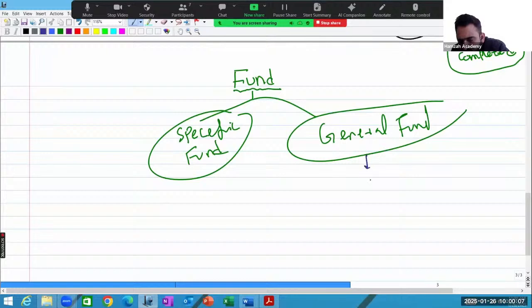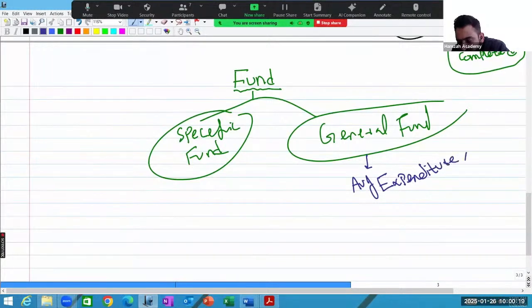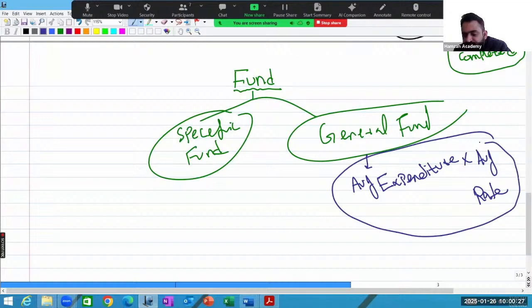Now, if we are using the general fund, we calculate the interest cost to be capitalized as average expenditure into average rate.